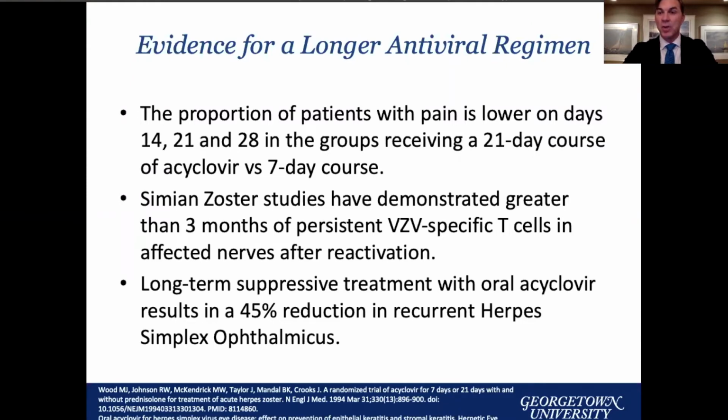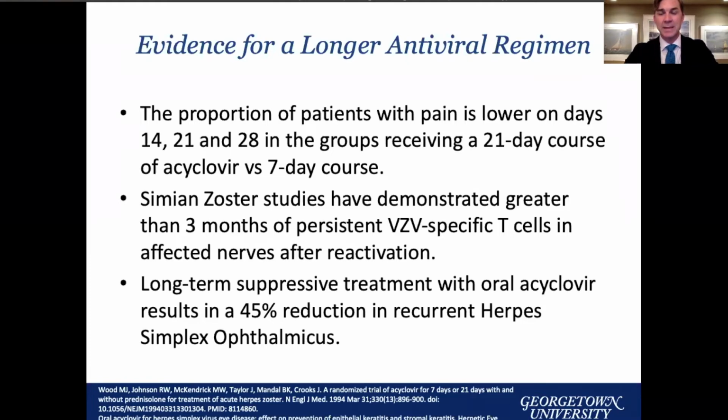Similarly, simian zoster animal studies have shown that there are varicella zoster specific T cells active in nerves in animals sacrificed 3 months after the onset of the reactivation. So clearly this virus is still actively engaged in the body 3 months after the onset of the initial clinical sign.